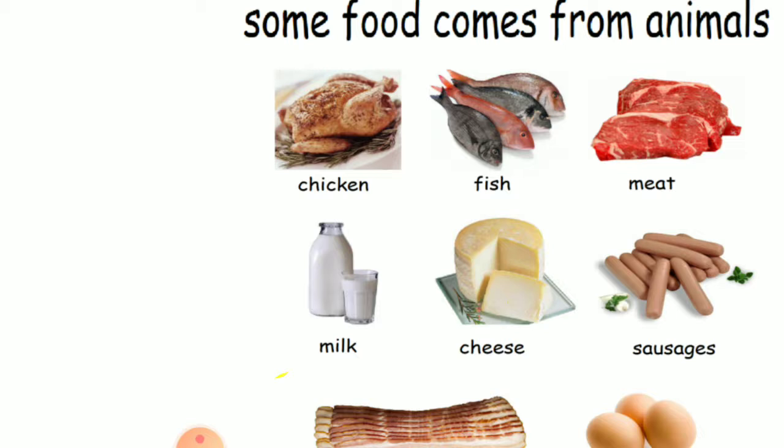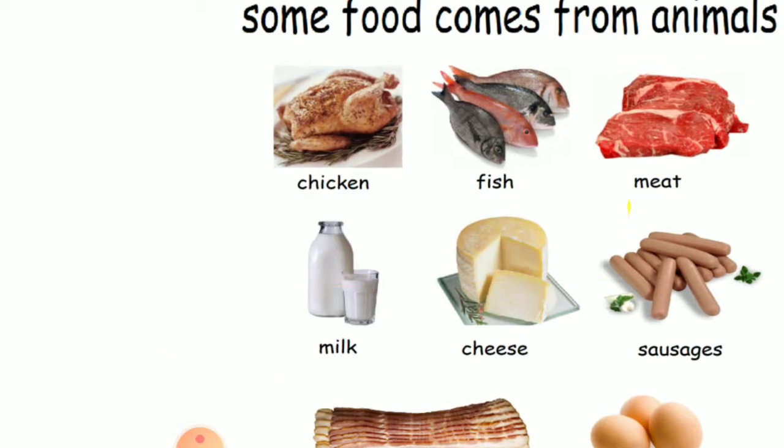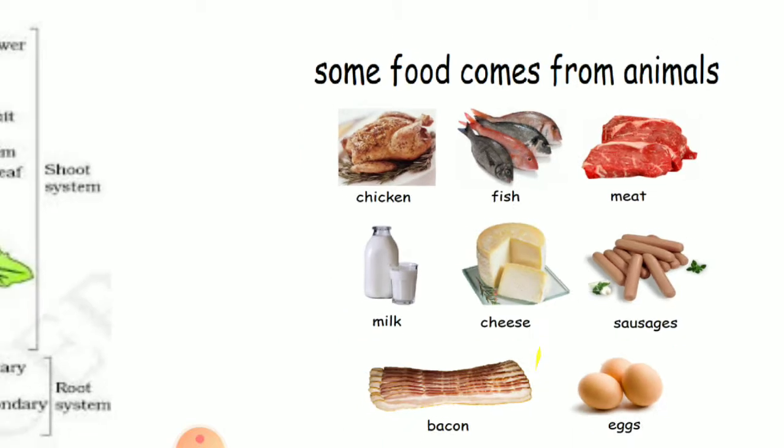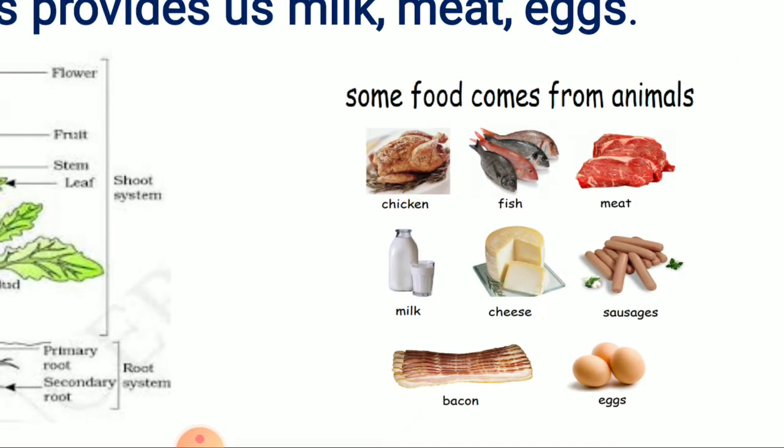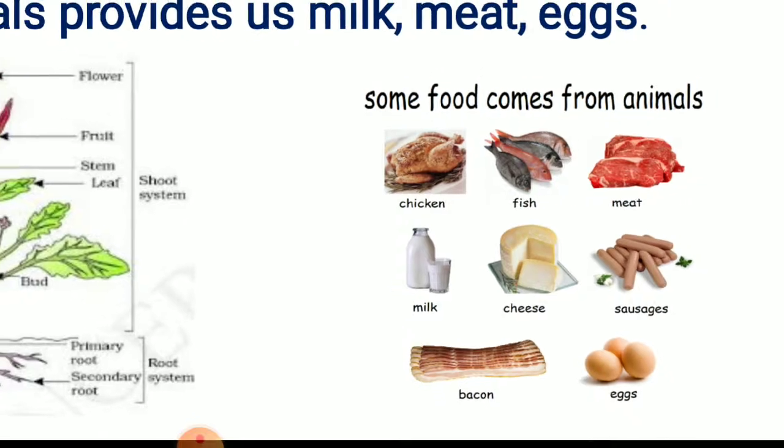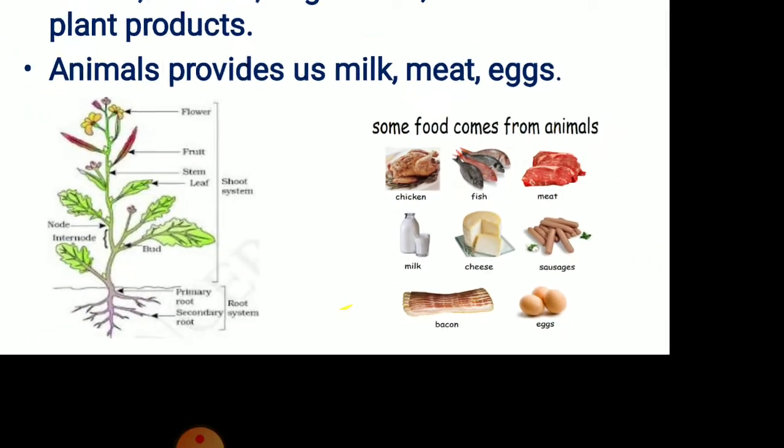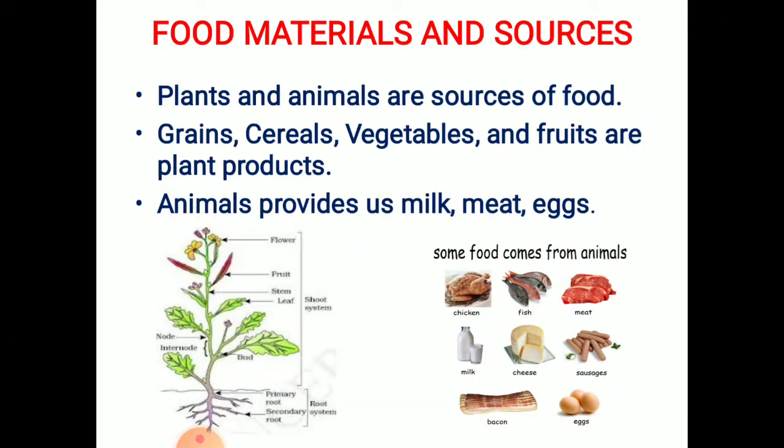Cheese is a milk product. Meat we get from animals, and egg we get from hen. So these are the animal sources of food. So I hope you are getting a very clear idea about the food materials and their sources.